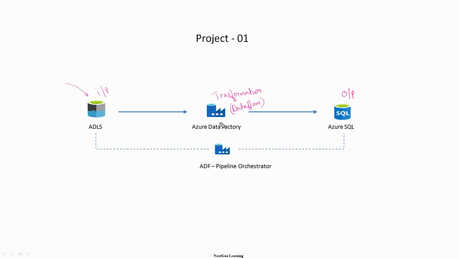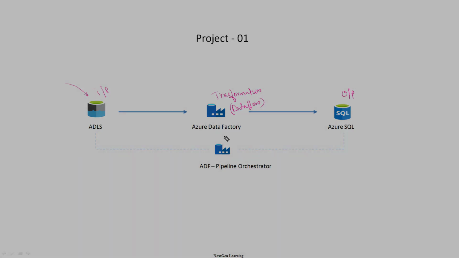Don't be confused by seeing two Azure Data Factories here; technically we are using a single Azure Data Factory, leveraging the different features of the same resource. I hope you understood the requirement and the logical data flow. Next we will move to the implementation of each resource and start building this pipeline.